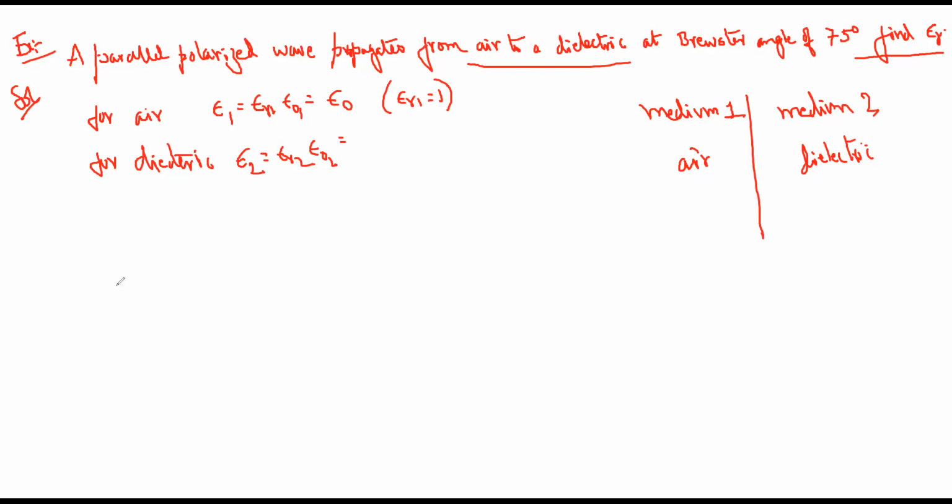So you have to find that value. Here epsilon 2 is simply epsilon r2 into epsilon naught. Got it?